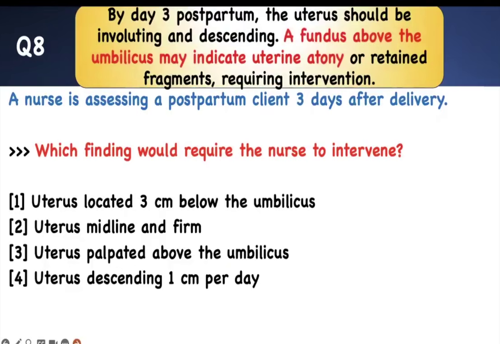Day 3 postpartum, the uterus should be involuting and descending. The fundus above the umbilicus may indicate uterine atony and retained fragments requiring intervention. This is the content. I answer the question and I give you the content associated with it. That is why it's maternity nursing, NCLEX review, NCLEX practice question, test taking strategy using expert review to answer this question. And you take note regarding this information.